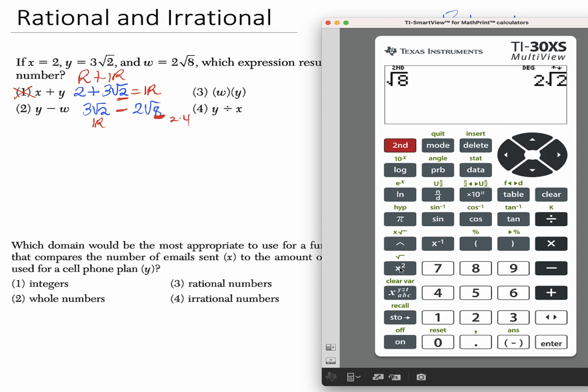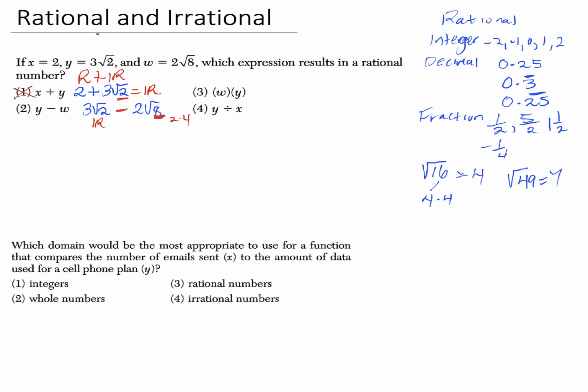Just for reference, suppose I have to take the square root of, let's say, 81. When I hit enter, notice I get 9, which is an integer, and you do not see a radical sign. So that's how I know that the square root of 81 is rational. Okay, so that is irrational. And if you subtract two irrational numbers, what do you think you're going to get? Yeah, irrational.